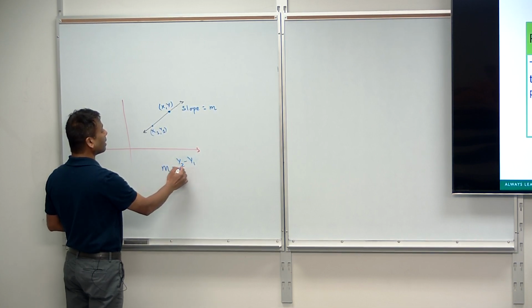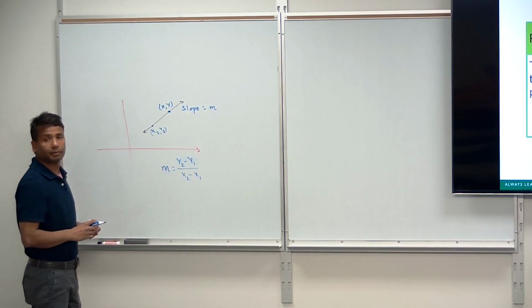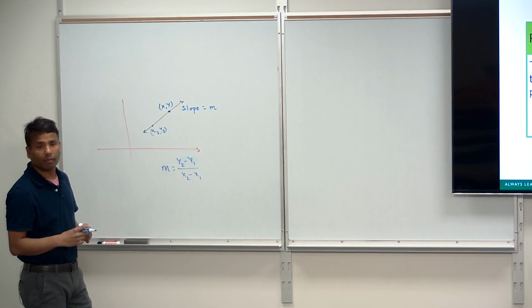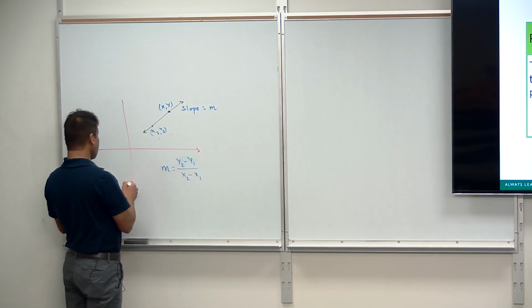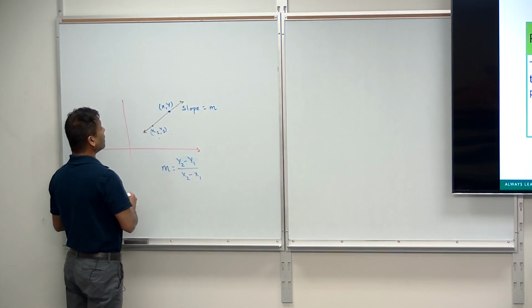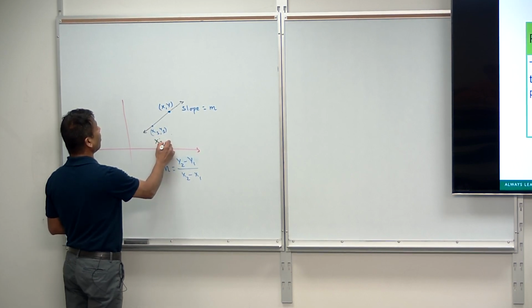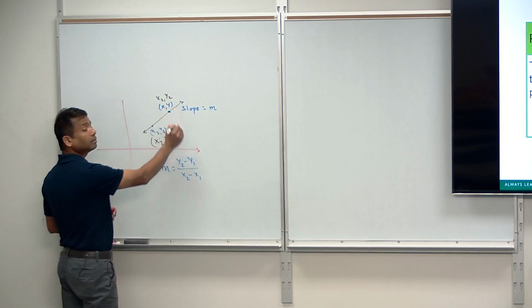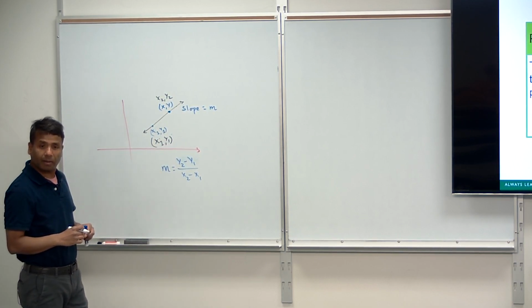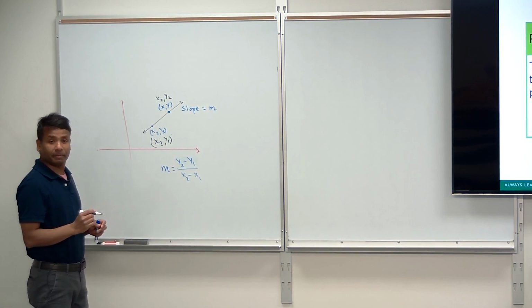You remember that, right? Let's say this point is x1 comma y1, and this point is x2 comma y2. Are you with me?